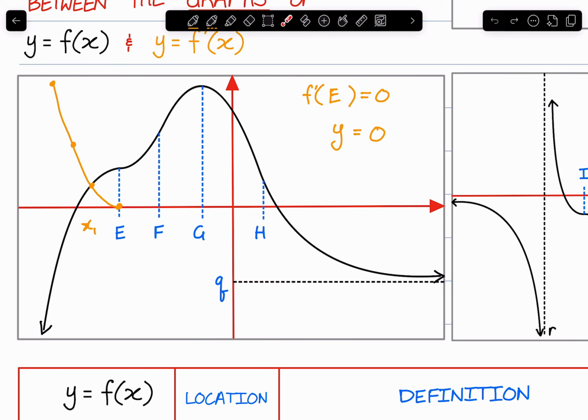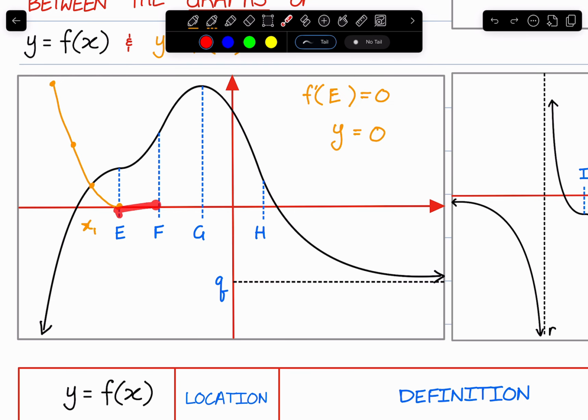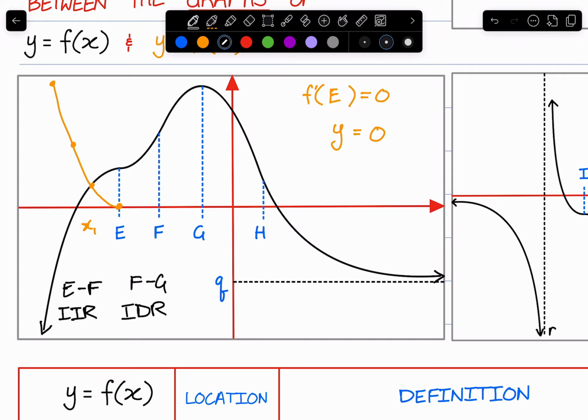But we see that from E to F, it is increasing at an increasing rate. But then from F to G, it is increasing at a decreasing rate. Think about this. E to F is increasing at an increasing rate. Then from F to G, increasing at a decreasing rate.